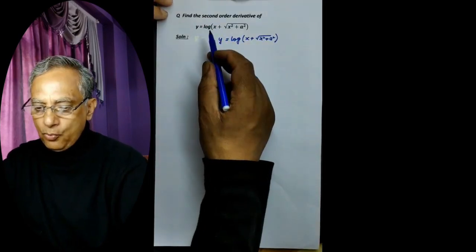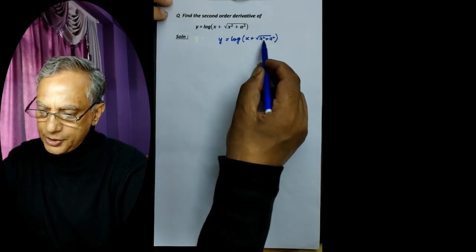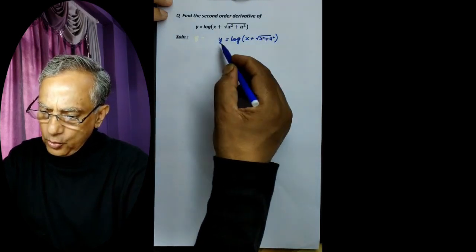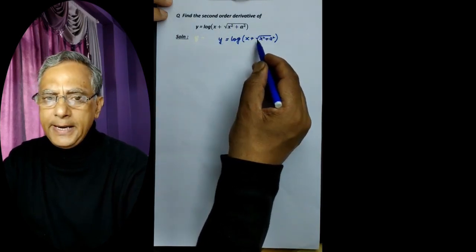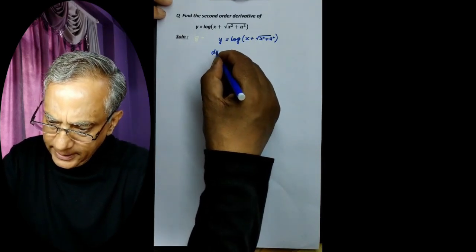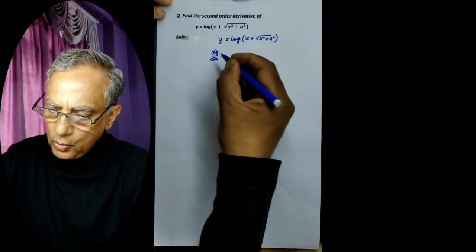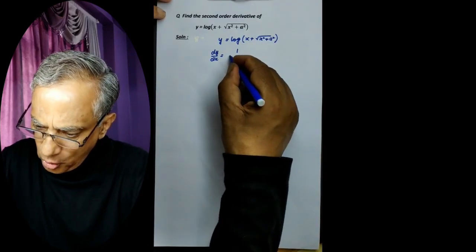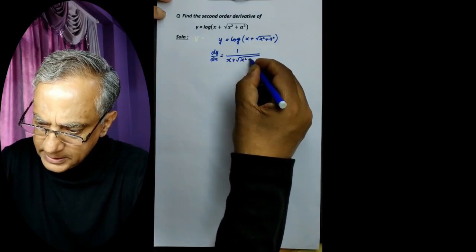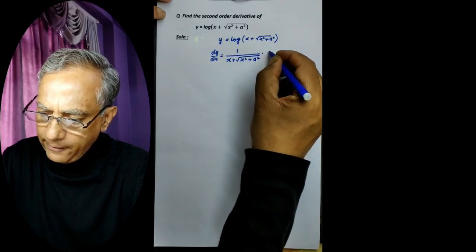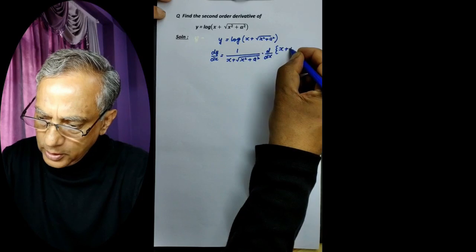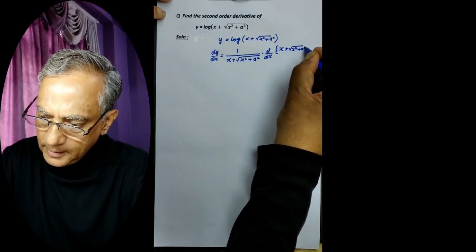Now first, we are given this function and we have to find its second order derivative. So what we do is we differentiate both sides of this by x. What we get is dy by dx is equal to, now the differentiation of log is 1 upon x plus under root x square plus a square, into the differentiation of the inner function, d by dx of x plus under root x square plus a square.